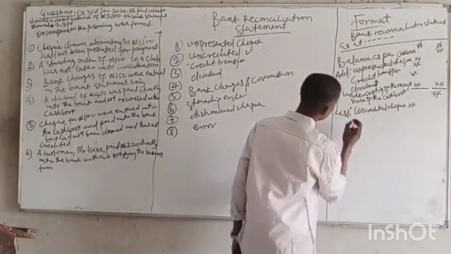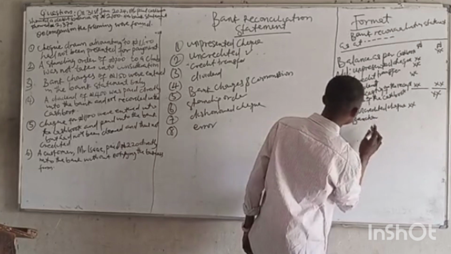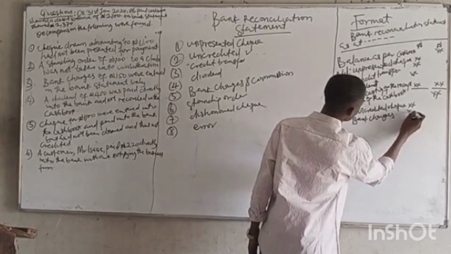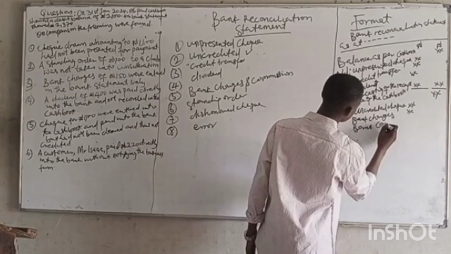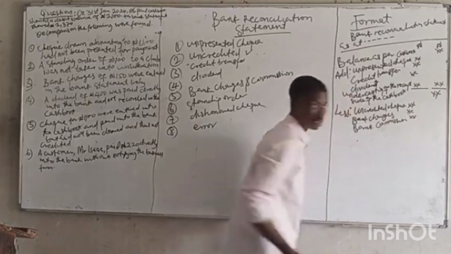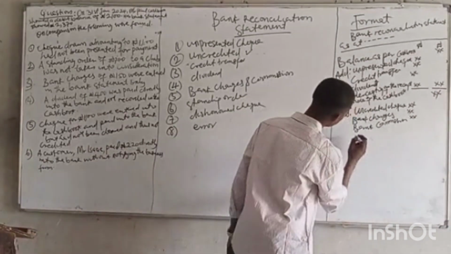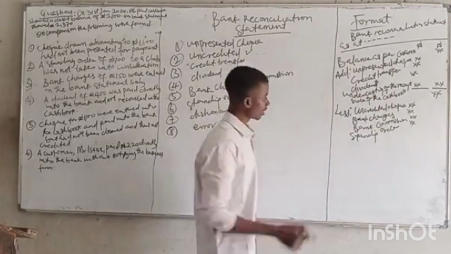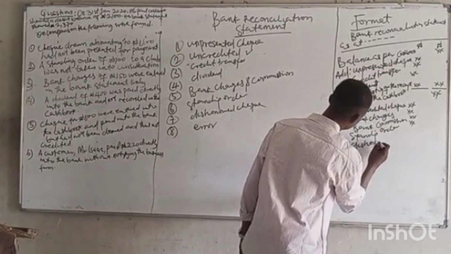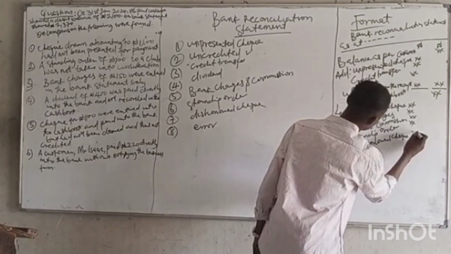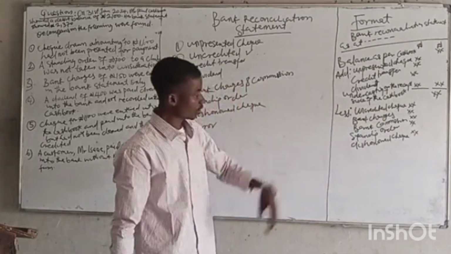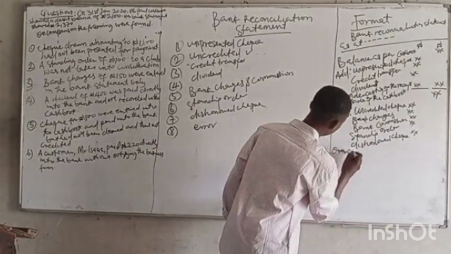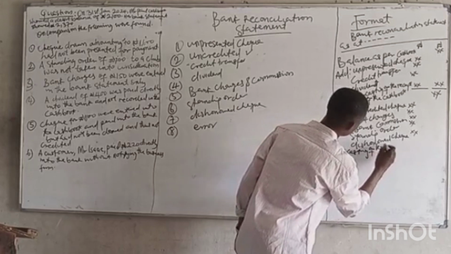You will less bank charges, bank commission, you will less standing order, you will also less dishonor check, you will less overcasting of the receipt side of the cash book.